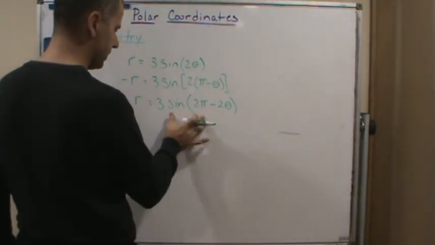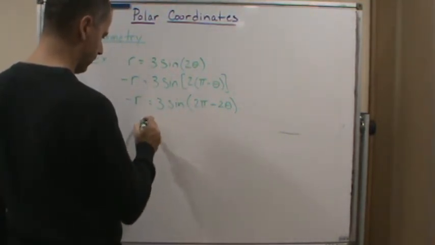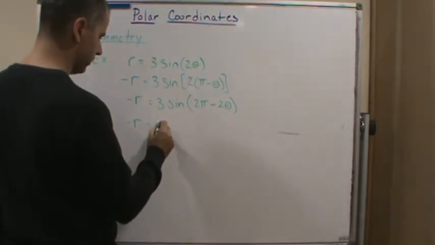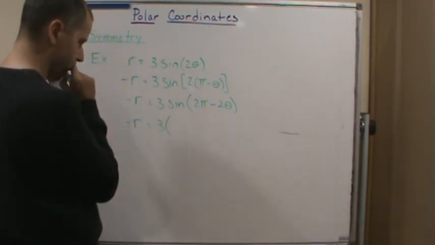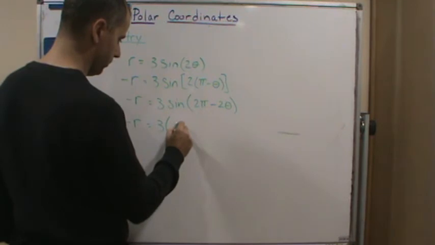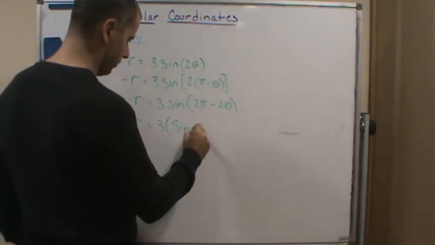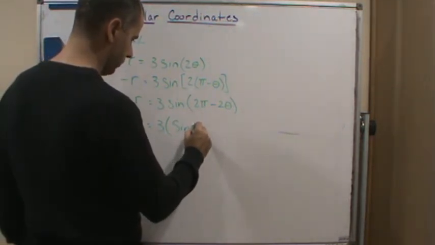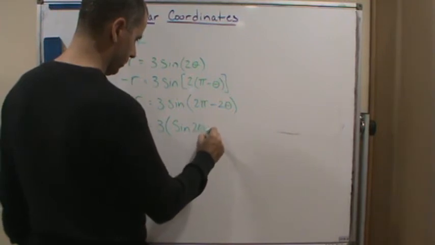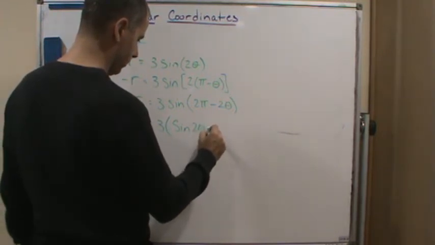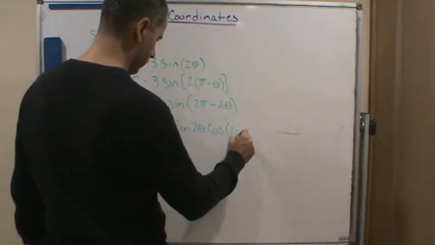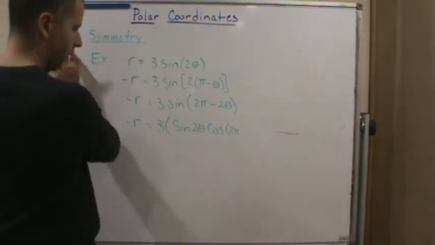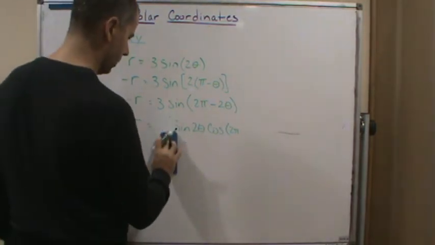So we can rewrite this as negative r equals 3 times... oh, hold on a second.